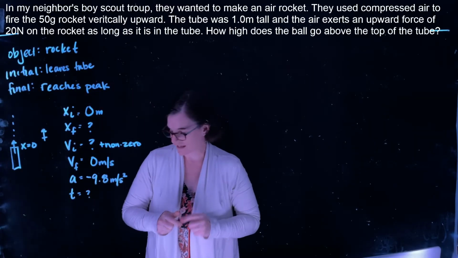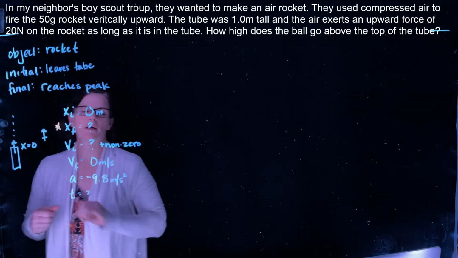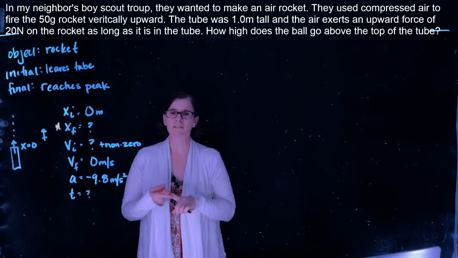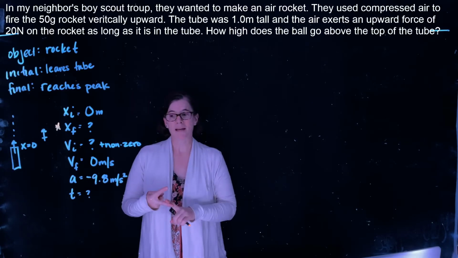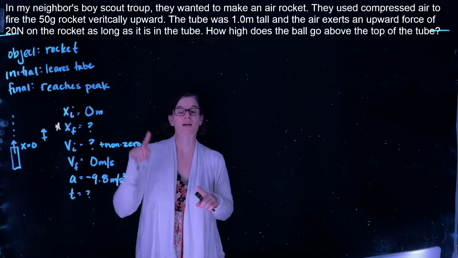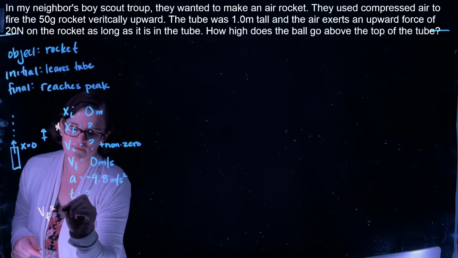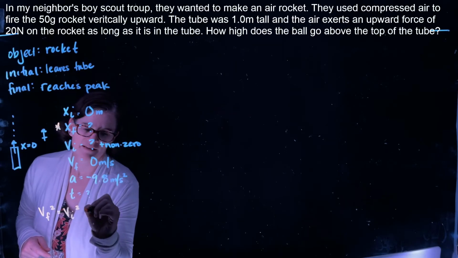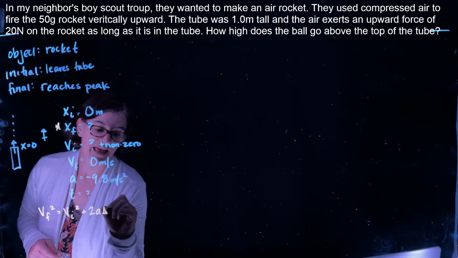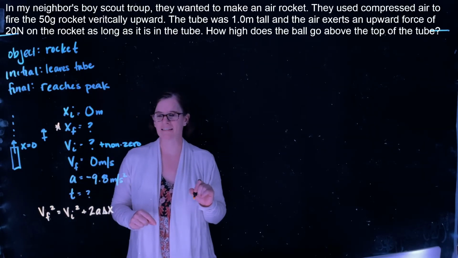Now, what are we interested in? We are interested in solving for the height, this final position. I don't know my time, I don't know my initial velocity, I know my final velocity, and I know my acceleration. If I don't know my time, I'm probably going to use this relationship, which does not depend on time, and I'm interested in that delta x.